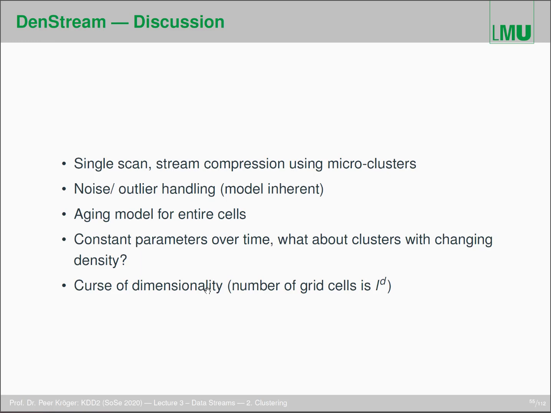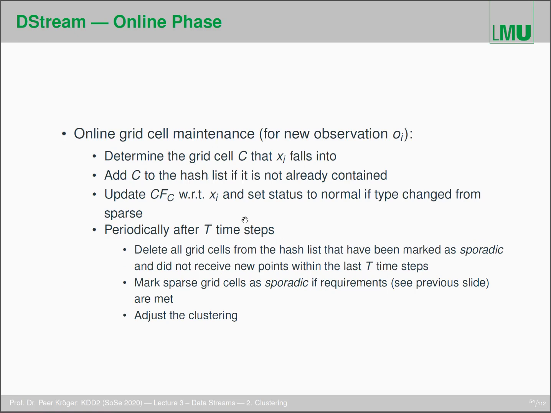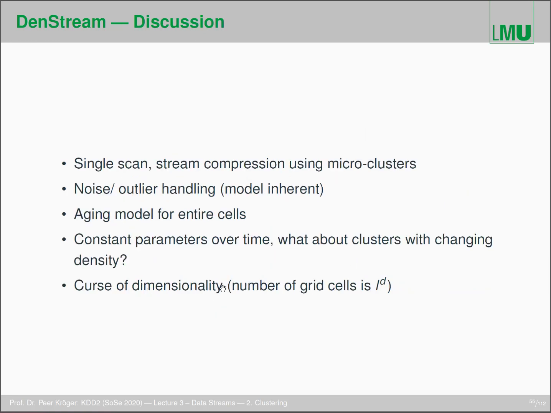So we have potentially n cells in the hash map, and that is increasing with the progress of the stream. But of course, we have this aging where we delete grid cells after some timestamps. So T somehow eases the curse of dimensionality effect, of course.